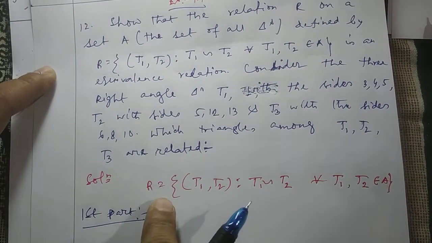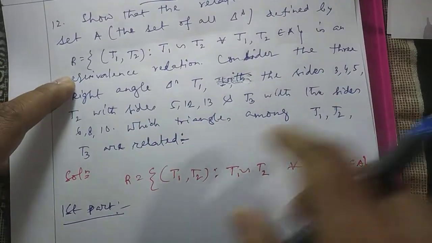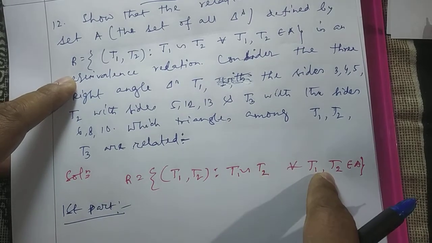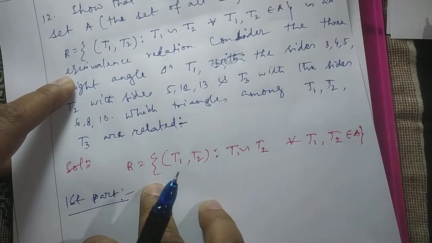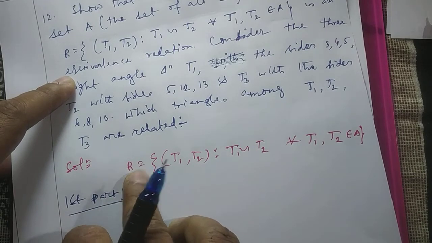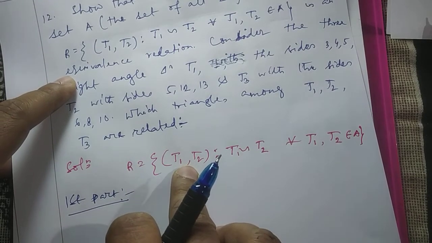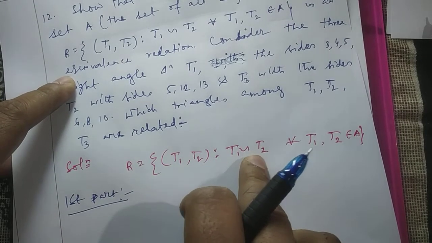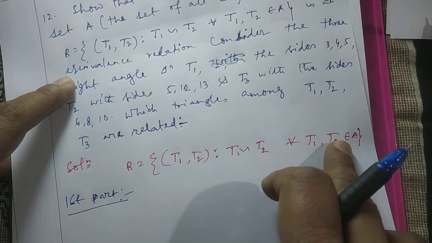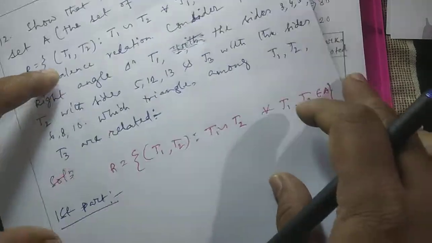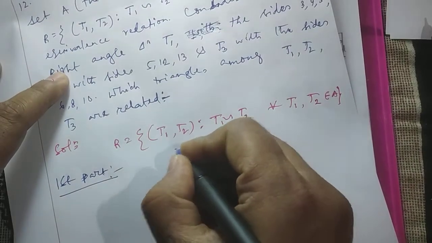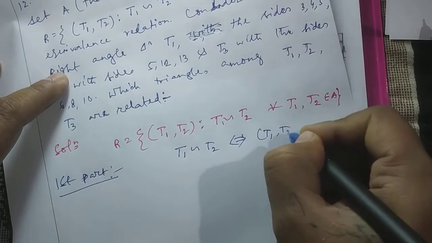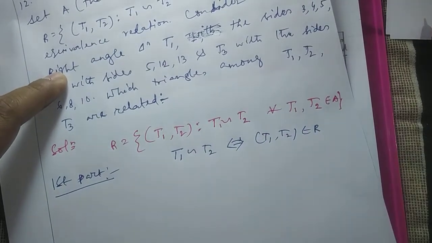First, look at here how the relation R is defined. R equal to {(T1, T2) such that T1 is similar to T2}, for all T1, T2 coming from A. That means R is the set of all ordered pairs of the form (T1, T2). And how are they related? The triangle T1 will be similar to triangle T2, where all the T1, T2 will be coming from A. That means we can say in short, T1 is similar to T2 if and only if (T1, T2) belongs to R. What is the meaning of that?